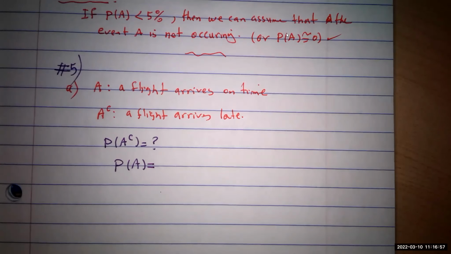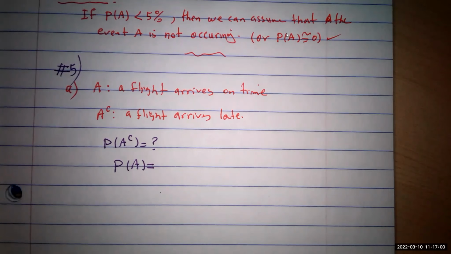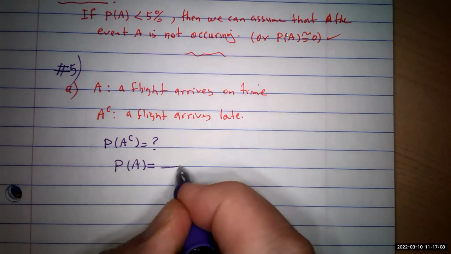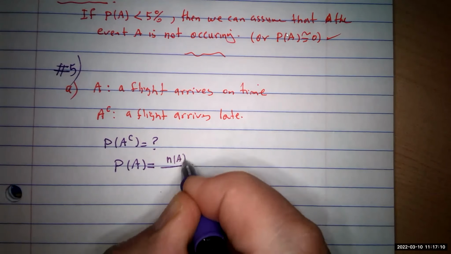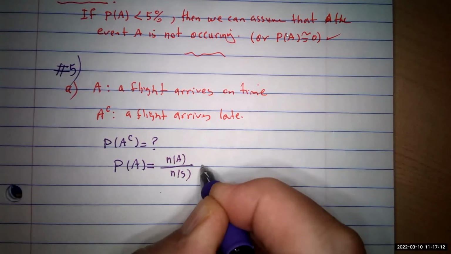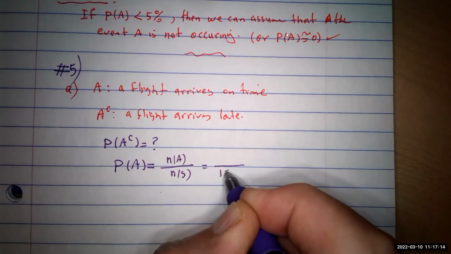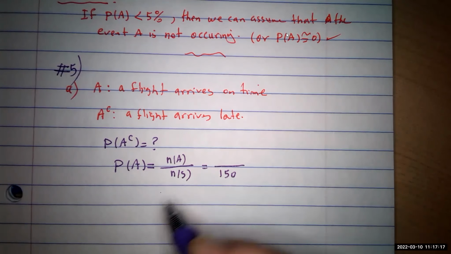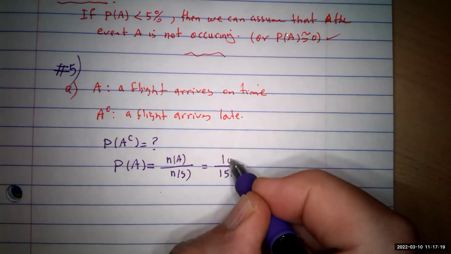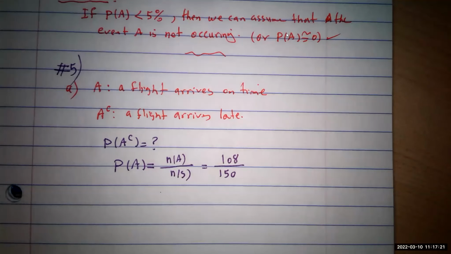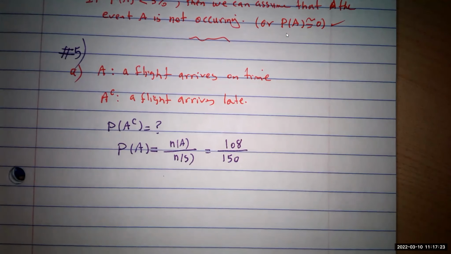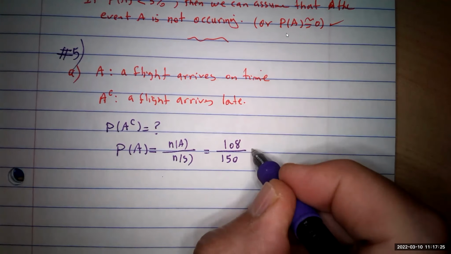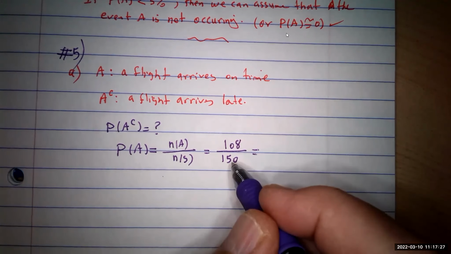Remember P of A, the probability that the flight arrives on time. We have 150 flights. Remember, this is N of A over N of S. The total number of flights is 150. Out of 150, 108 arrive on time. You may use your calculator to get this number.